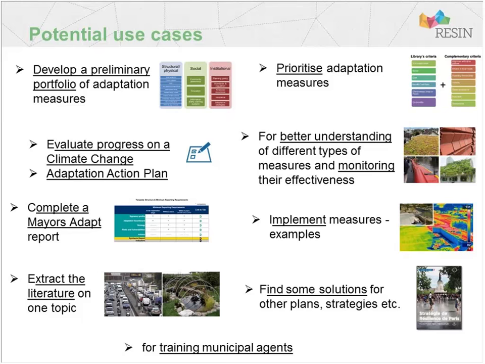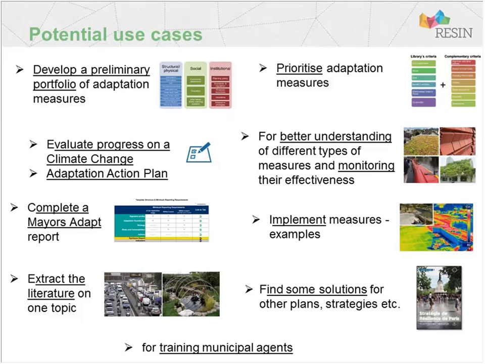For example, a cool pavement will have a different performance regarding air temperature reduction compared with a tree. So we can make this comparison and see how they perform in different situations. And we can also select the indicators for monitoring, spanning the database and the indicators we are hosting in the library.